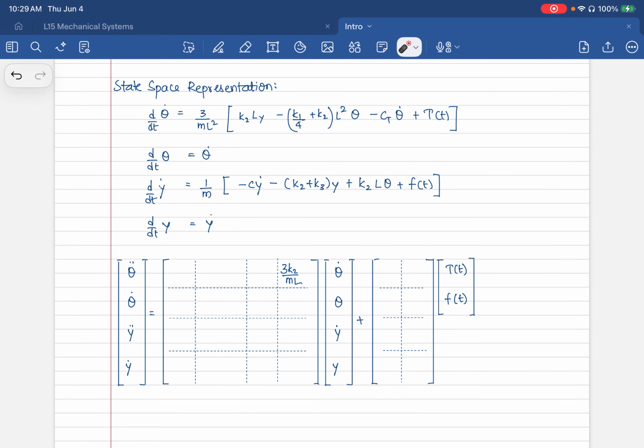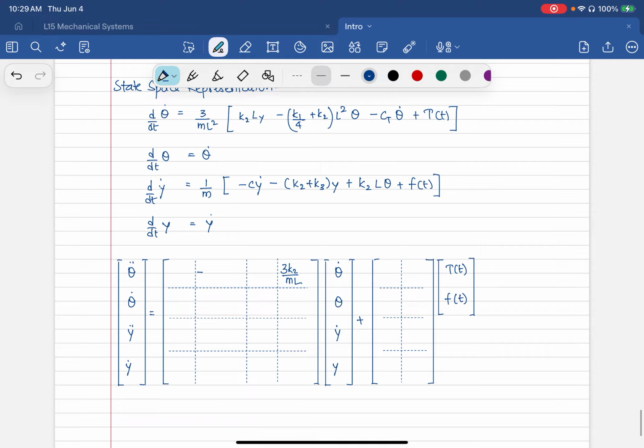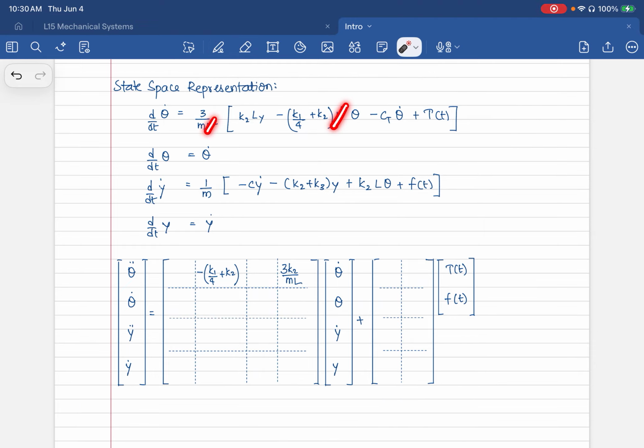Now the second term is for theta. So that comes over here. So you have minus of k1 by 4 plus k2 times this L square cancels out, and then you have 3 by m.